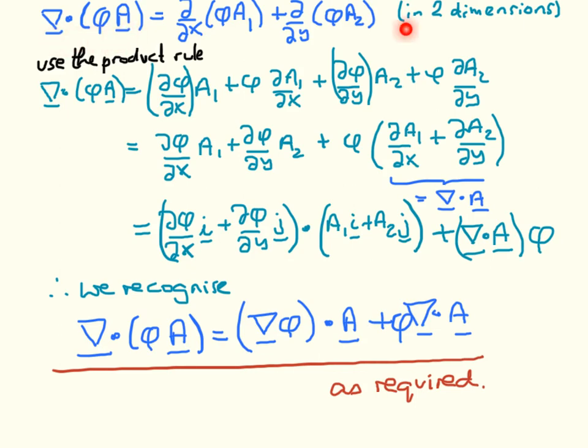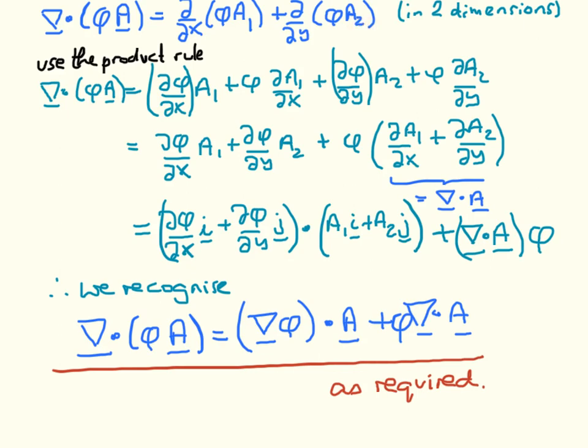So in 2 dimensions, and the generalization to 3 dimensions or higher is, I hope, very clear. In 2 dimensions, the divergence is going to be the derivative with respect to x of the component in the x direction of this, and that's going to be phi times a1, using the notation that the vector field is a1i plus a2j.